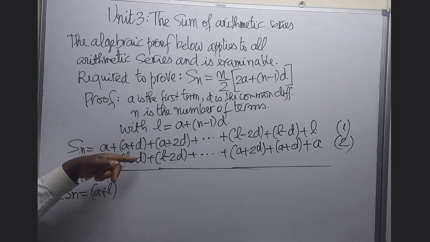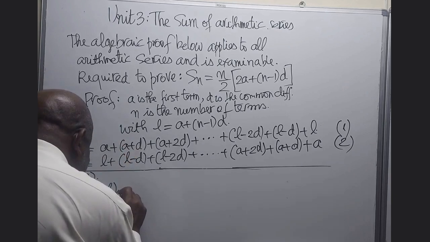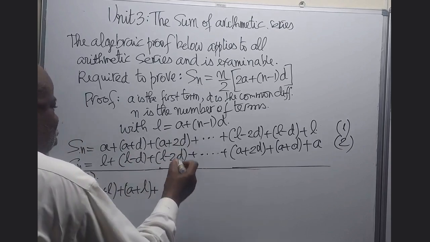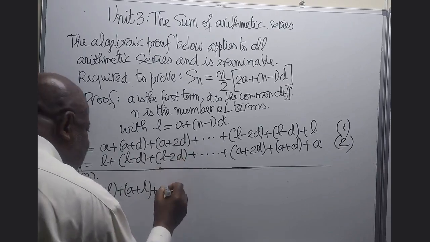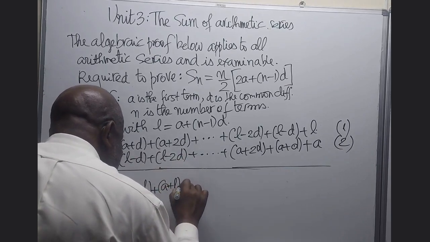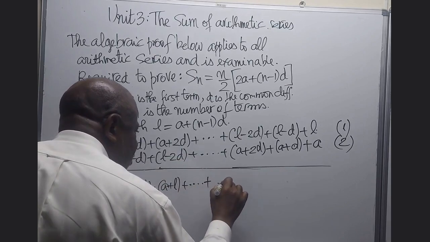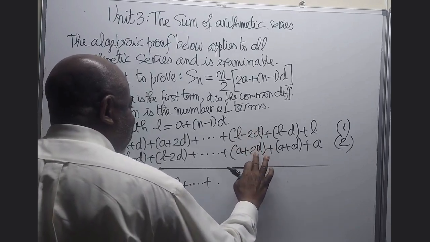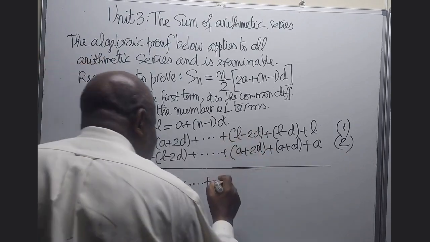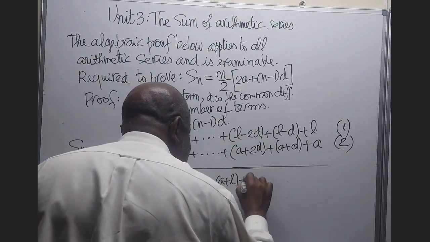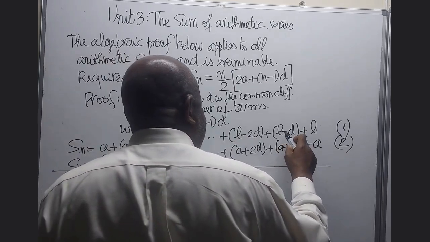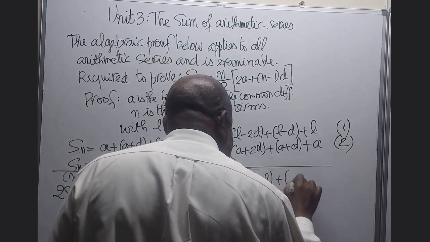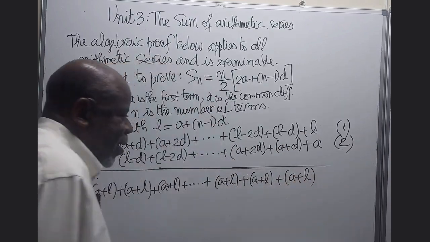Minus d plus d is going to cancel. We'll remain with a plus L. For the next one, this is going to give us 0. We'll remain with a plus L, dot dot dot. Here the same, we'll be having minus 2d plus 2d. We're getting 0. So we'll have a plus L. The next one, minus d plus d is 0. We'll have a plus L. And the last one will be a plus L.